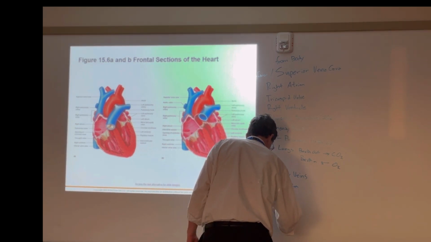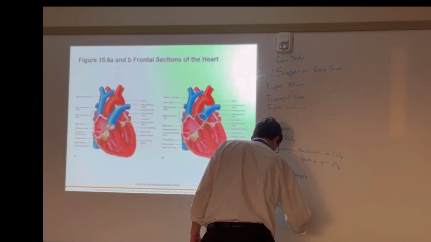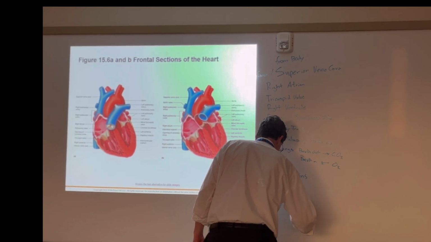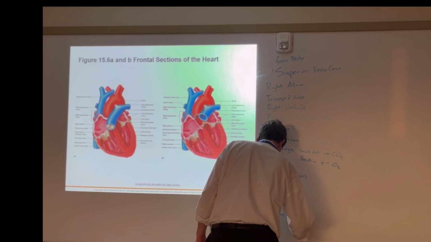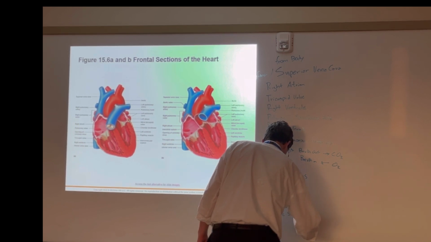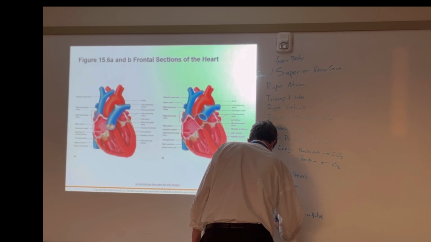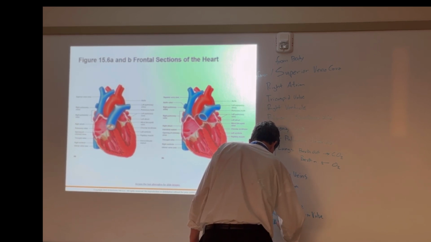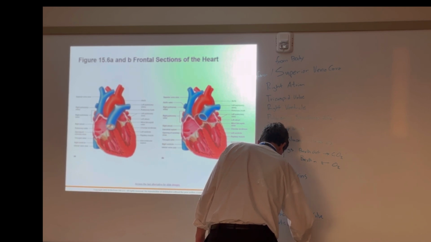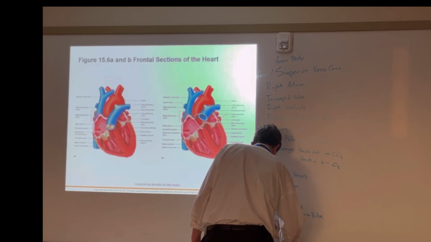And then you're in the left ventricle. And then you go through another valve. Aortic valve. Good. And then you go to the body. Well, we should probably say aortic trunk first. Actually, we'll say aortic trunk, ascending aorta.